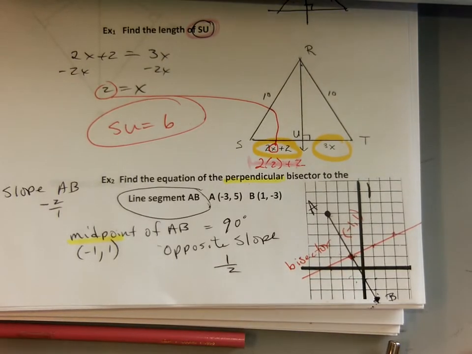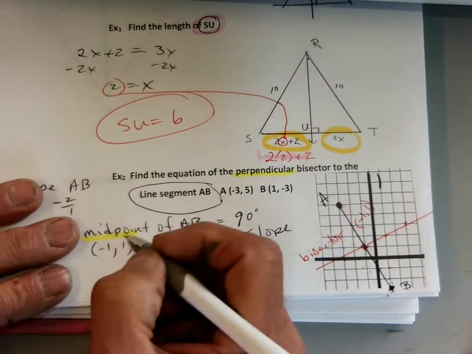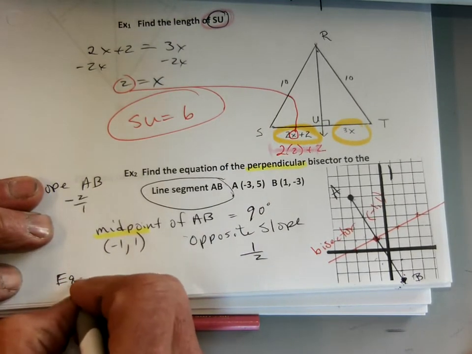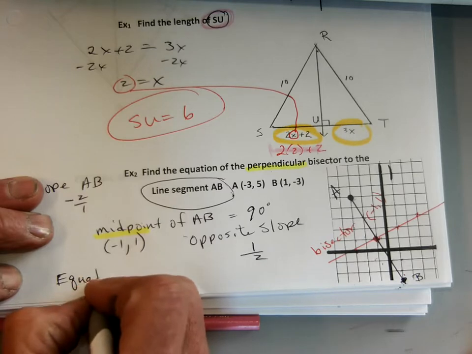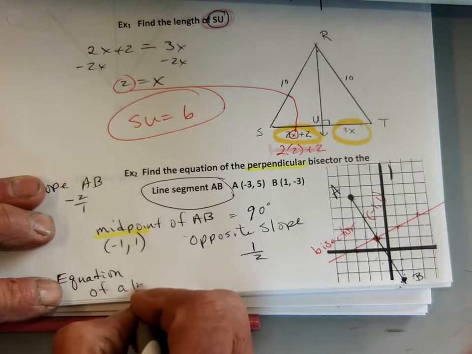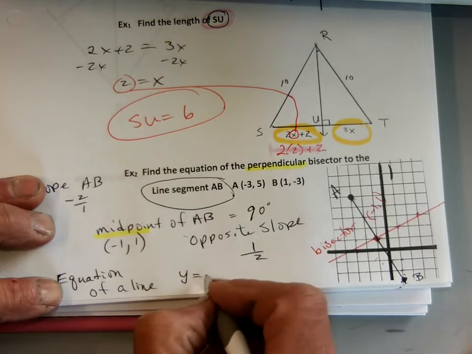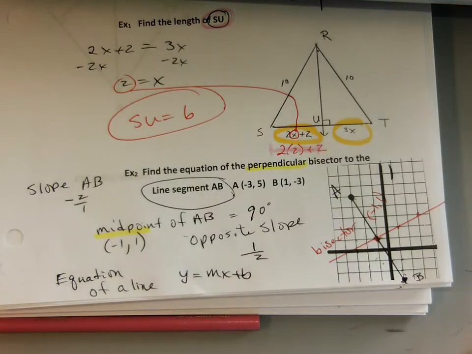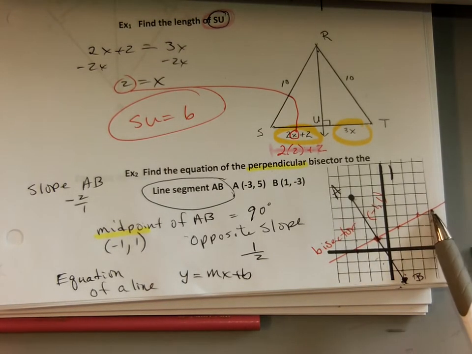Well, if I'm looking for the equation, let's go back to what we've learned before, the equation of a line. I would use y equals mx plus b. What we are trying to find is the equation of this red line.